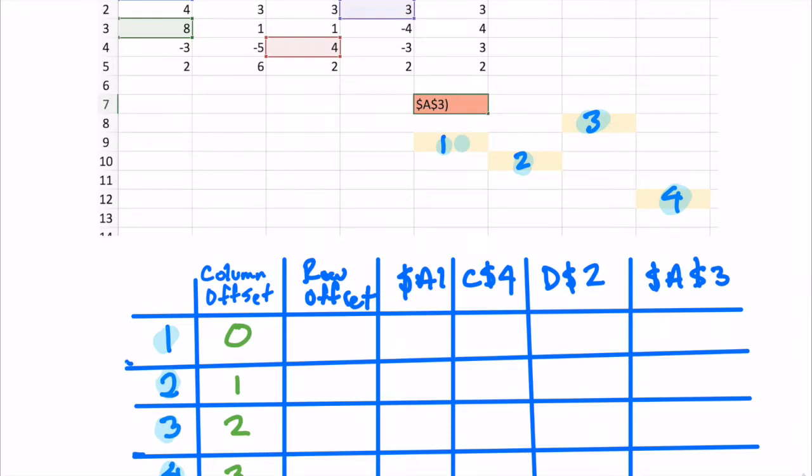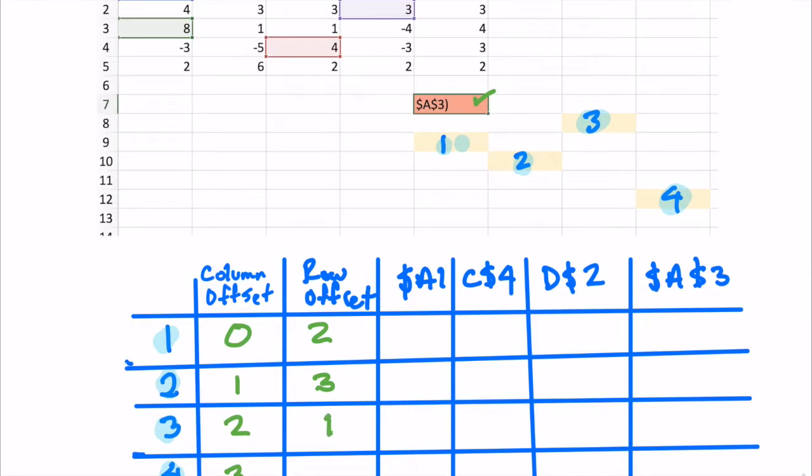Relative to the starting cell, this is 1, 2 rows down. So cell number 1 has a row offset of 2. Cell number 2 has a row offset of 1, 2, 3. Cell number 3 has a row offset of 1.